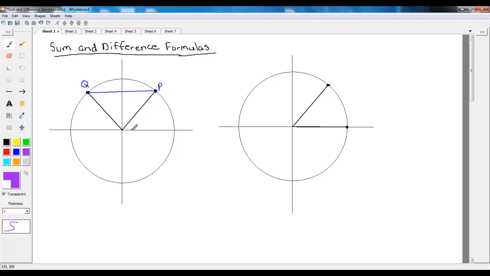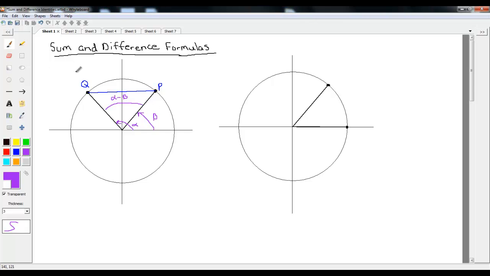This angle here, we're going to label as alpha. This angle here, we're going to label as beta. So then this angle is alpha take away beta, because you have alpha and then you take away this beta part and that gives you this leftover right here.